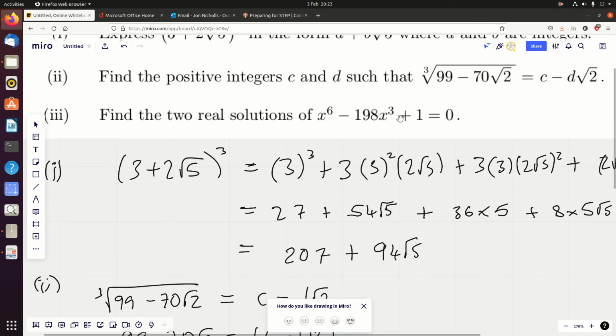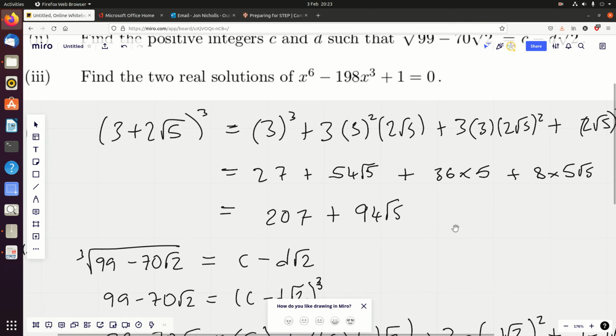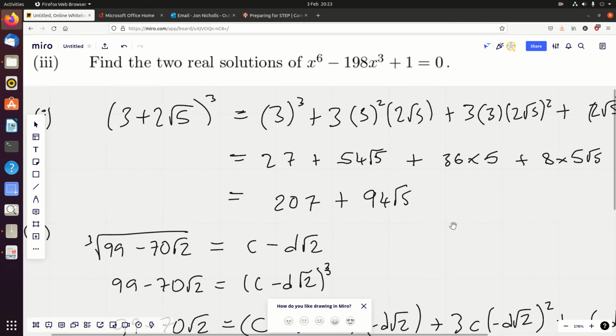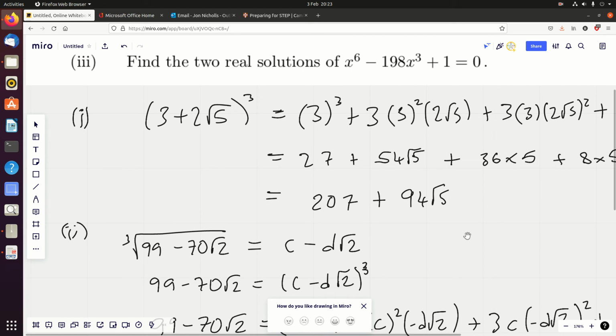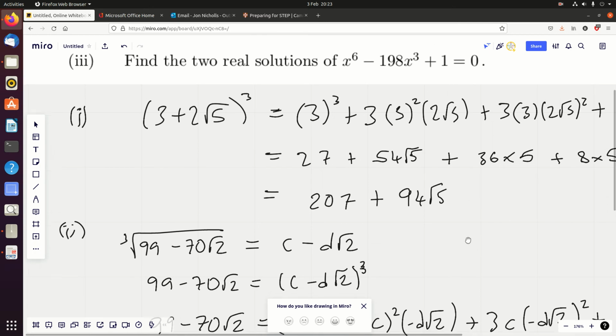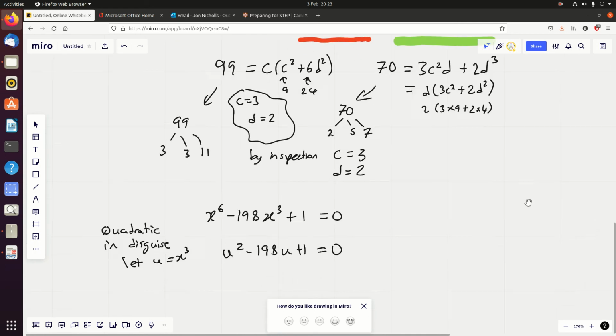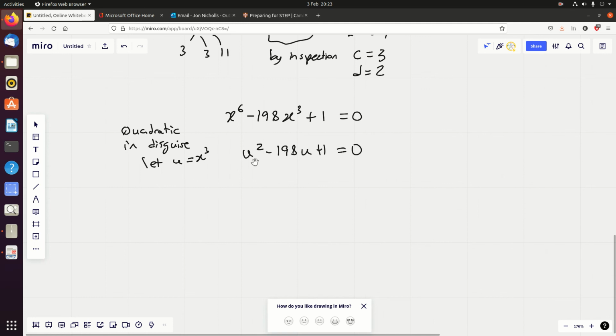I guess they're implying that there's another four solutions which are imaginary, which is interesting once you've done imaginary numbers. But this was from a paper which didn't require any imaginary numbers, and you don't need to know anything about imaginary numbers really for this. We just need the two real solutions. So we want solutions from this quadratic, and then we can use the substitution u equals x cubed and cube root our solutions, and then we've got x.